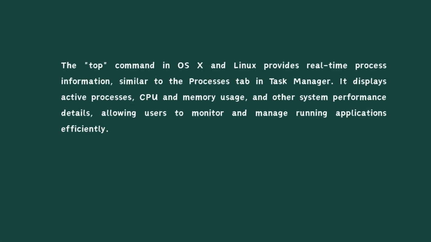The top command in OS X and Linux provides real-time process information, similar to the Processes tab in Task Manager. It displays active processes, CPU and memory usage, and other system performance details, allowing users to monitor and manage running applications efficiently.